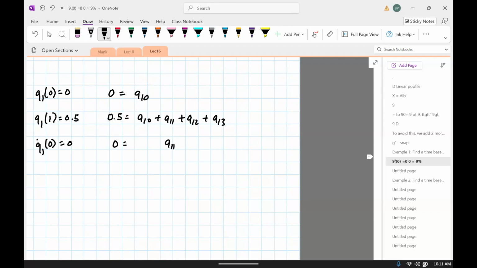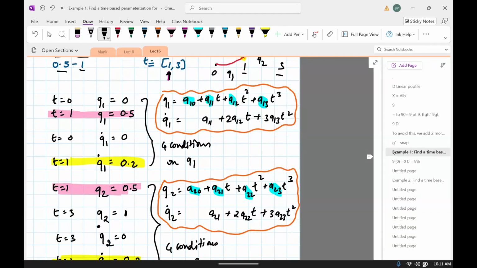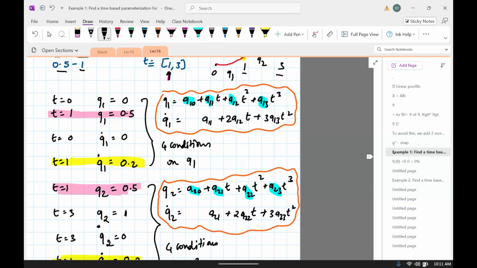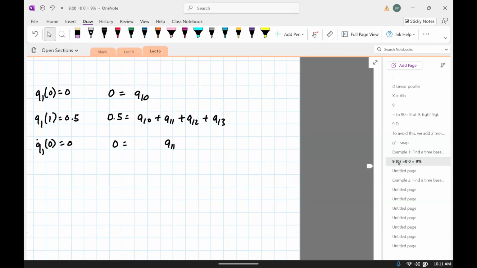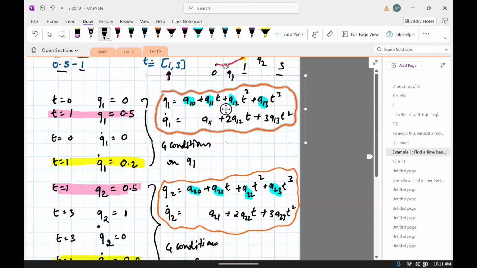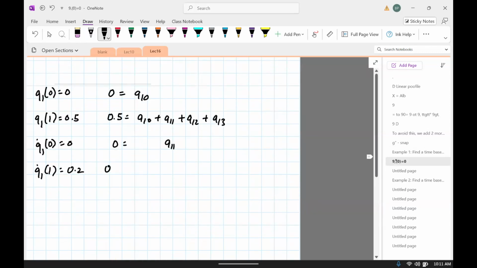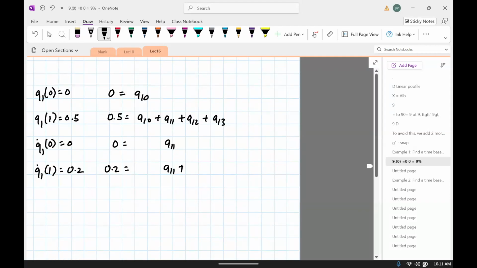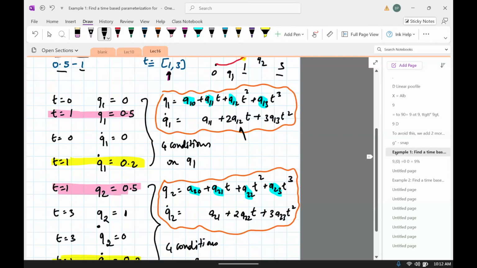That's why I wrote it in this weird fashion. The last one is Q1 dot at time t equals 1, which is 0.2. So 0.2 equals, I just put in time equals 1 in this equation: A11 plus 2A12 plus 3A13. Okay, so those are the four equations for Q1.